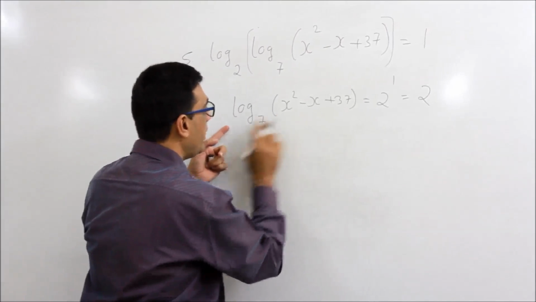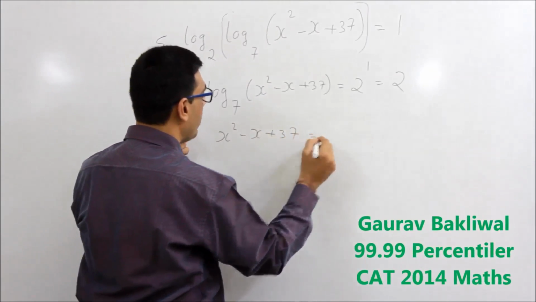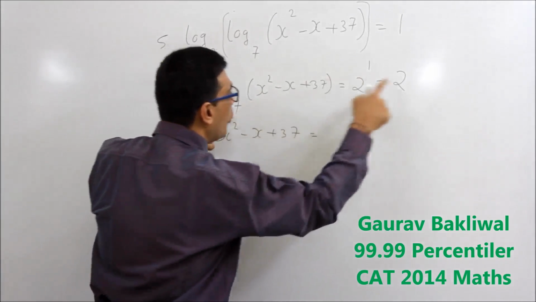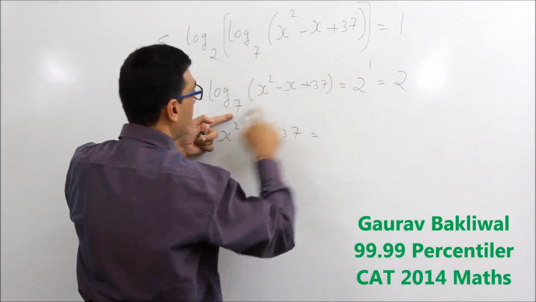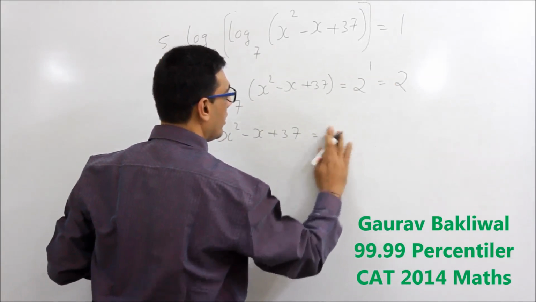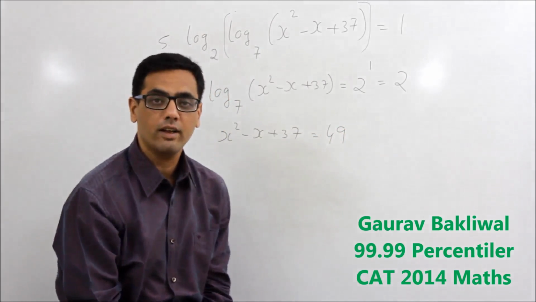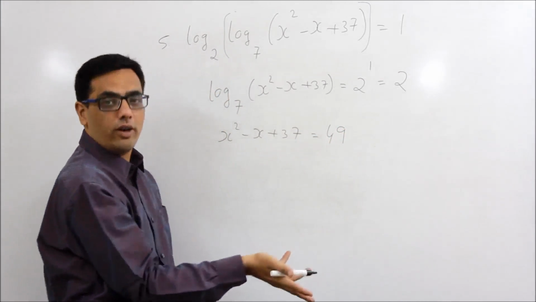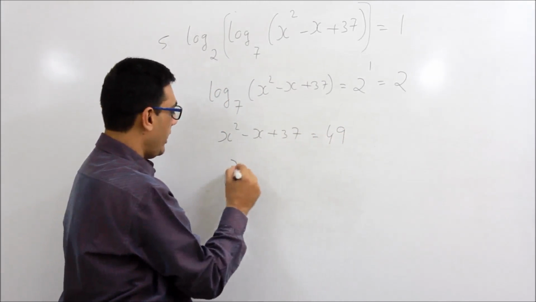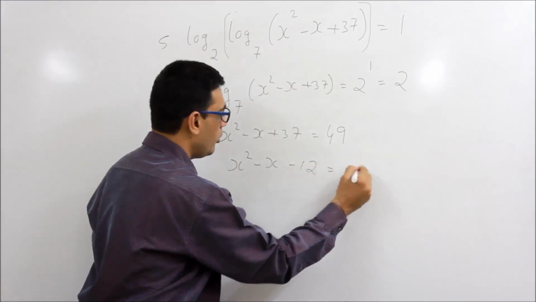Now again apply the same thing over here. We get x square minus x plus 37 is equal to, this 7 will go and raise 2. So this becomes 7 square, which is nothing but 49. Now it is a simple quadratic equation, my dear friend. Get this 49 here: x square minus x minus 12 is equal to 0.